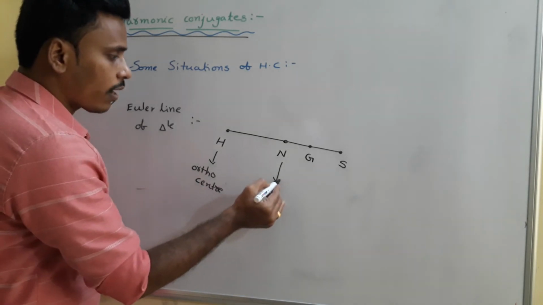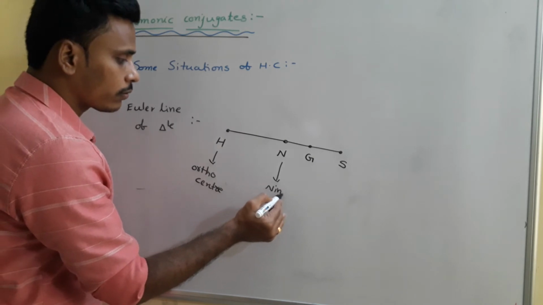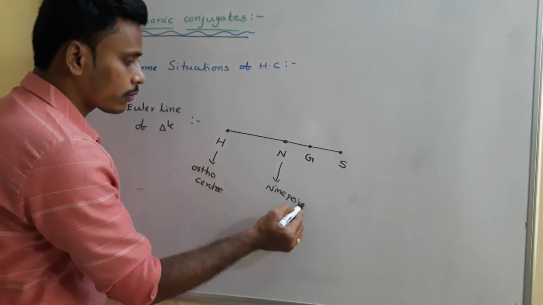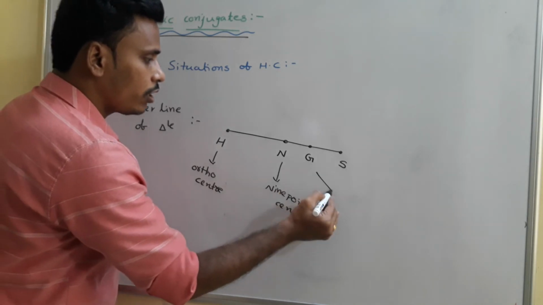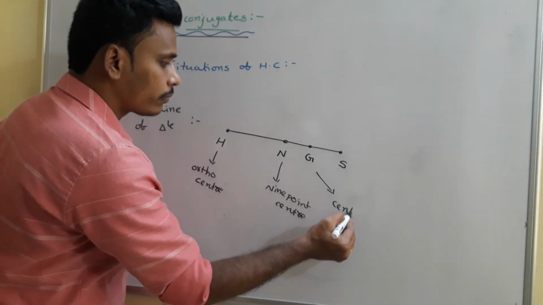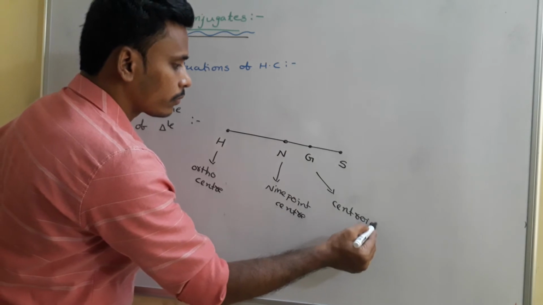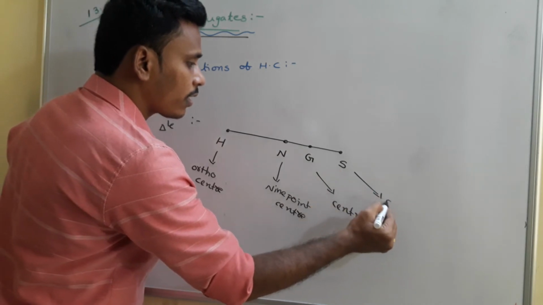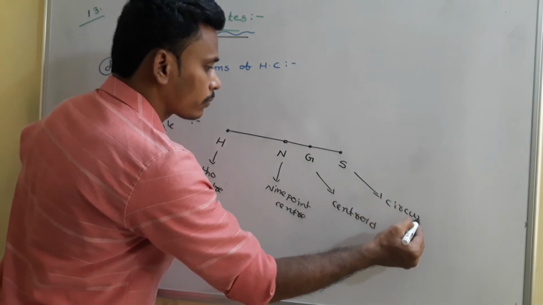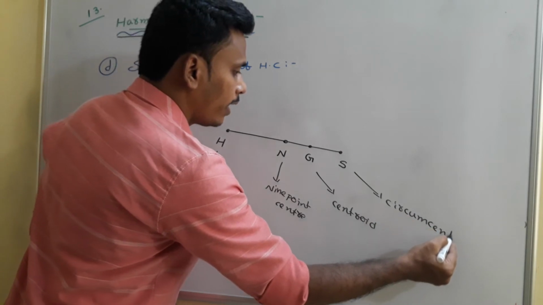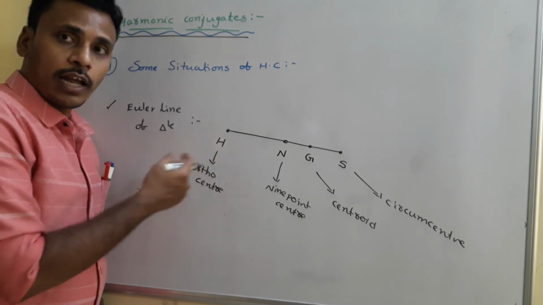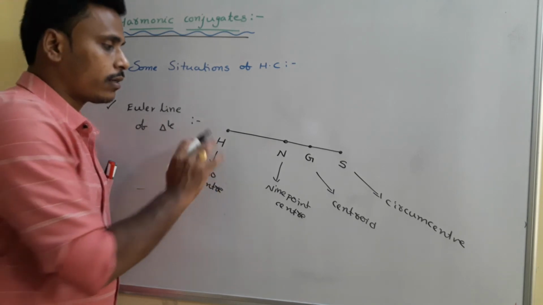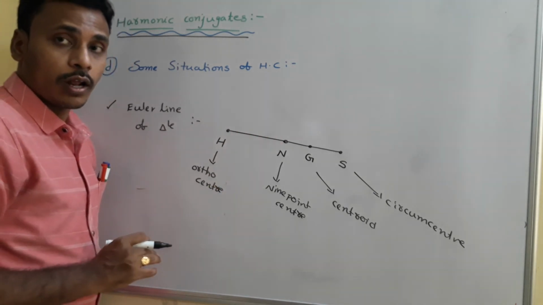This N is the 9-point center. This G is the centroid. And this S is the circumcenter. Related to every triangle, we have all these points. Along with this we have the incenter also, but the incenter is somewhat different from this Euler line.